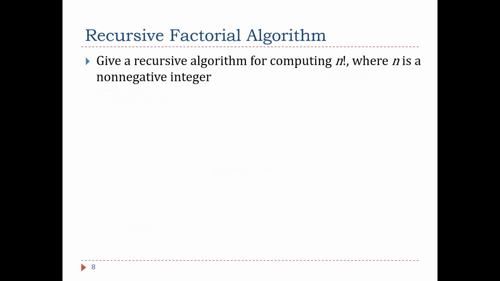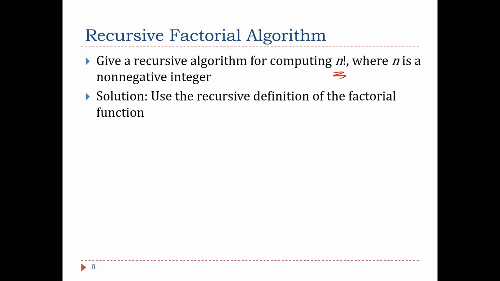Let's take an example. Let's build a recursive algorithm for computing the factorial of n, where n is a non-negative integer. The solution is to use the recursive definition of the factorial function, for which the basis step is when n is equal to 0. So if n is equal to 0, we should return the literal value 1.